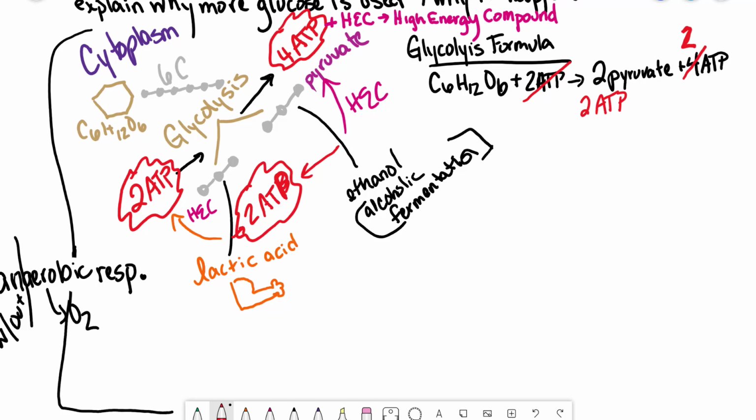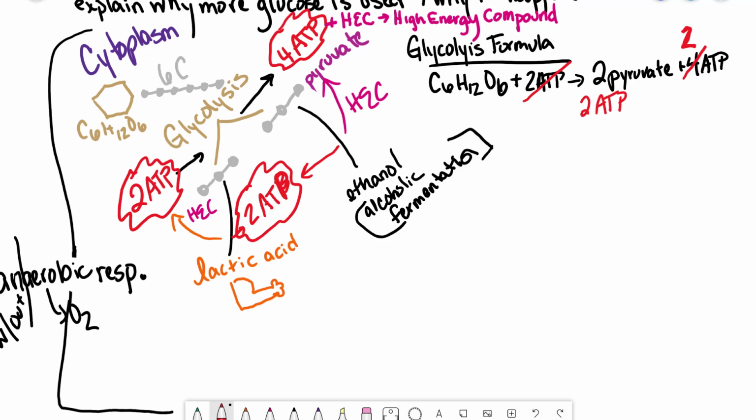So the glycolysis is the anaerobic part of cellular respiration. But if we continue to not have oxygen available, then the choices are lactic acid fermentation or alcoholic fermentation. And the reason why more glucose is used, because look how quick this cycle is. It goes glycolysis, lactic acid, then break up more sugar. Glycolysis, lactic acid, break up more sugar. It's very, very fast.